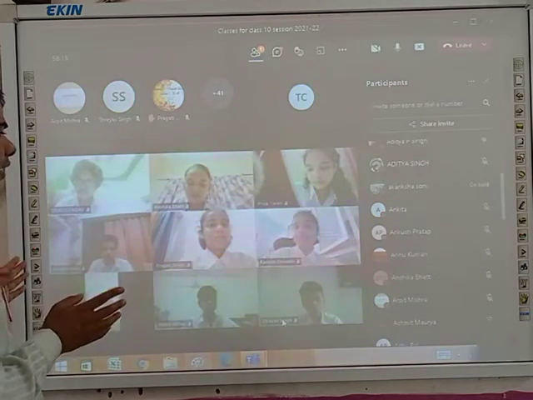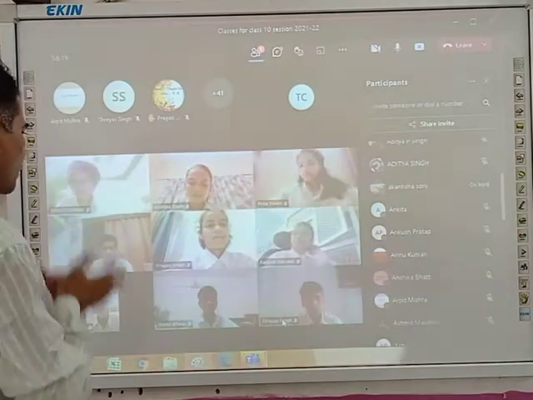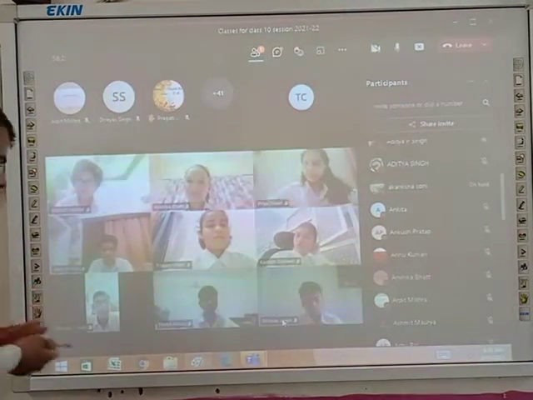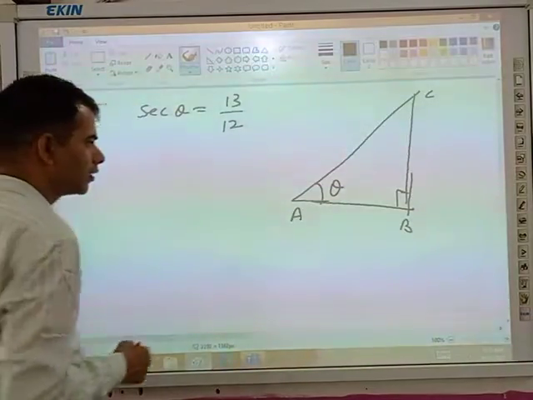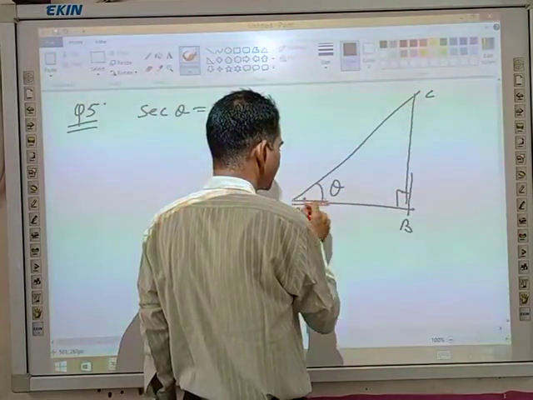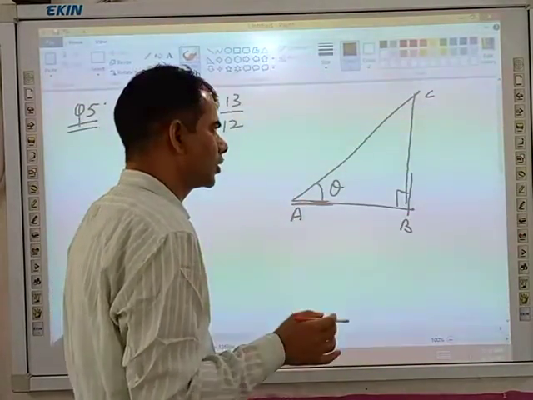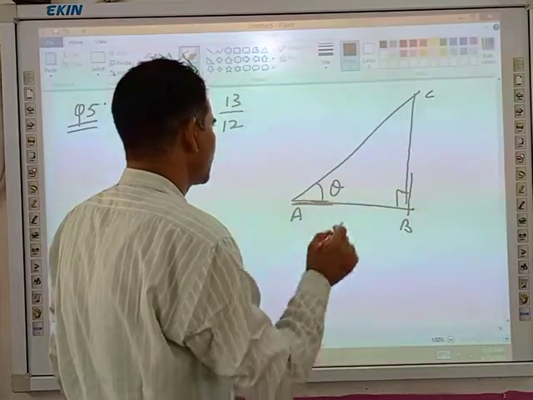In this question you have to recognize what is base, what is perpendicular, what is hypotenuse. I have considered angle A as theta. So your base is AB, perpendicular is BC, and hypotenuse is AC.